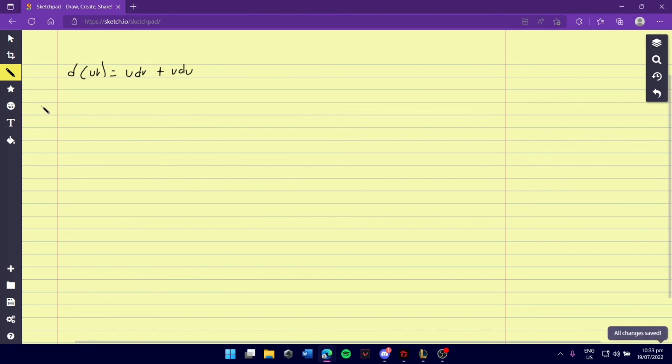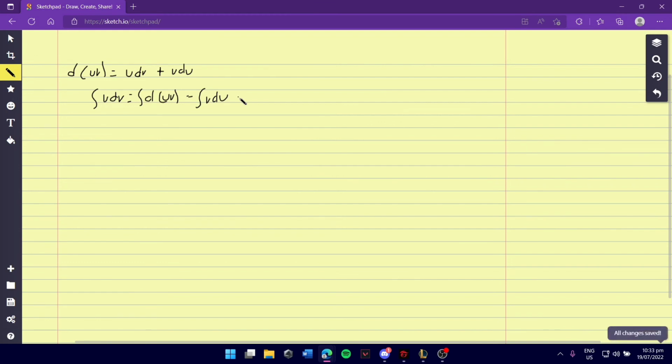So we will integrate both sides. So it will become the integral of u dv equals the integral of d of uv minus the integral of v du.